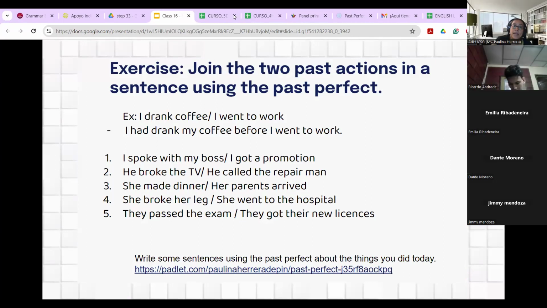Okay, this is easy. I want you to just turn on your microphone if you want to participate. For example, I have these 2 parts of a sentence, 2 situations, and I want you to put them together to tell me which happened first and which happened next, just to make one sentence with these 2 parts.